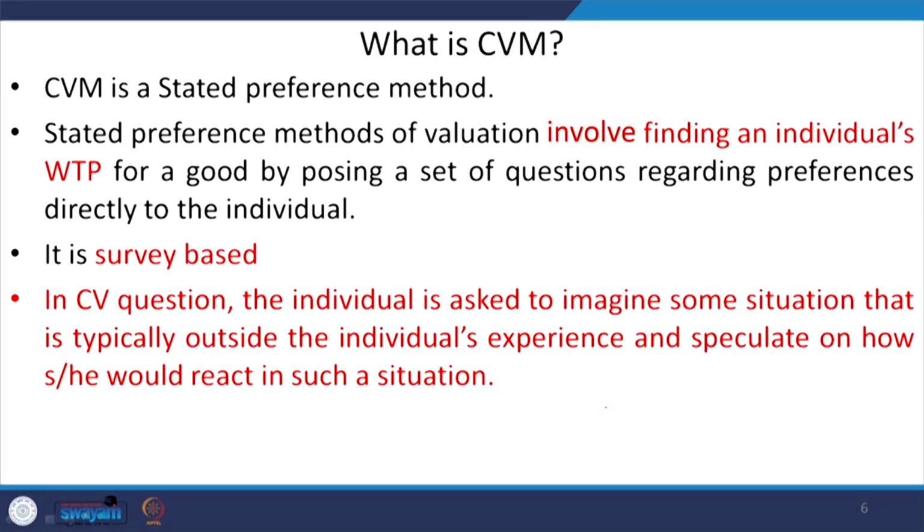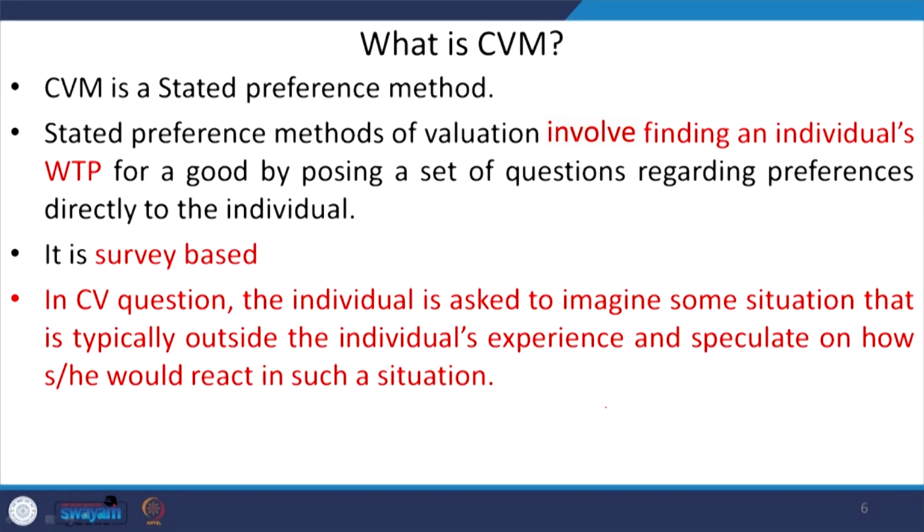In developing these questions, the individual is asked to imagine some situation that is typically not available and is outside the individual's experience, because it is not real, it is highly imaginary. Then the individual will be asked to speculate on how he or she would react in a particular situation, an increase or decrease in the quality or quantity of an environmental attribute.